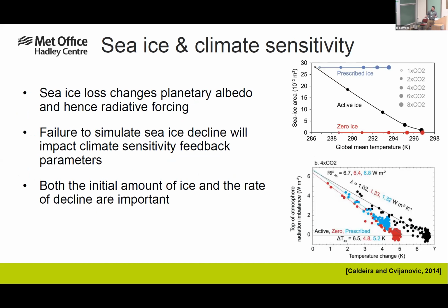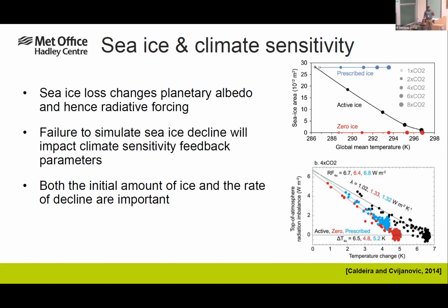And this is an interesting paper we read fairly recently, showing the impact of sea ice on climate sensitivity. So they've run with active sea ice, which is the black line here, but they've done a couple of control runs: one with a prescribed sea ice, so the sea ice stays the same across all the different climate forcing levels, or one with no sea ice at all.